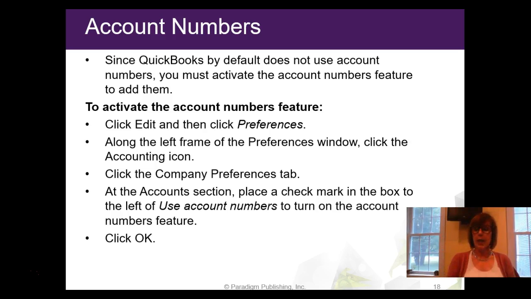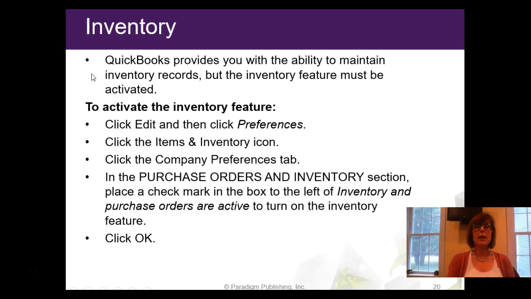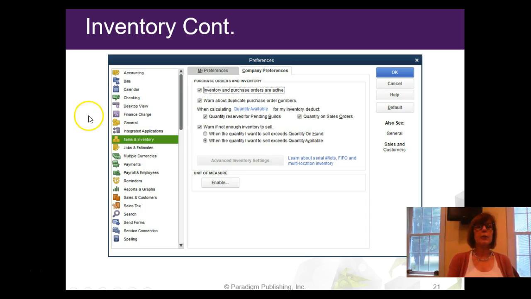Otherwise, it will just use the account names, not the names and numbers. And so this shows you how to do that. You would do that within the accounting tab on your preferences page. Inventory. Some of the preferences for inventory can be addressed within this preferences section.